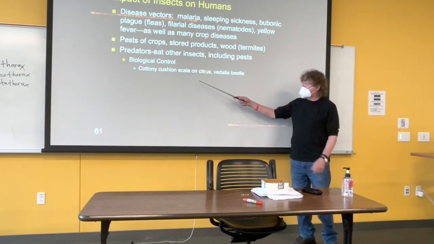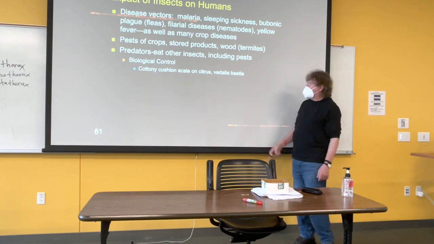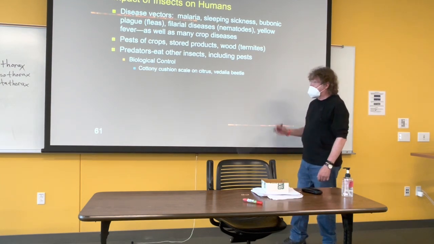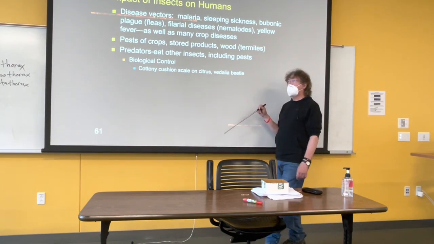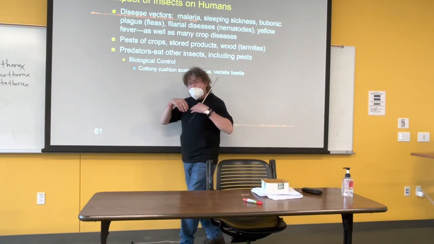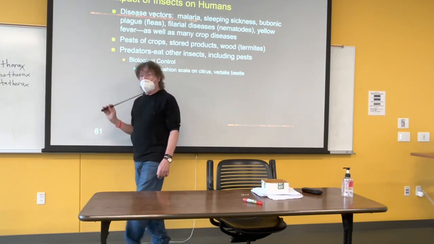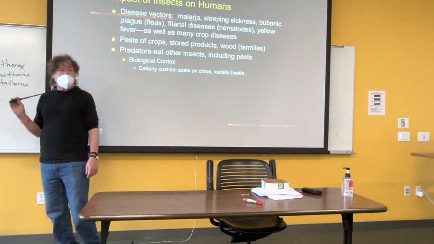So this started attacking citrus crops in Southern California back in the 1880s, and the entomologist here, I forgot his name, oh gosh. Anyway, they sent their team to various places in the world trying to find out where this thing came from, because it's not native to North America.